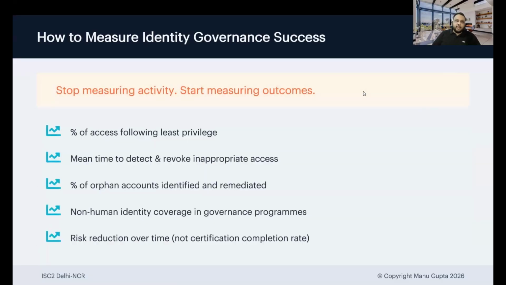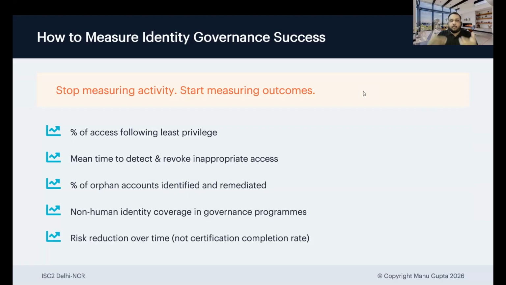And how do you actually measure? So how do you measure success, right? These are the issues that we have seen at hand, but how do you really measure success? If you are measuring your identity governance program by the number of certifications completed or the percentage of reviews done on time, you are measuring activity, not outcomes. The right metrics are, and there could be more, right?